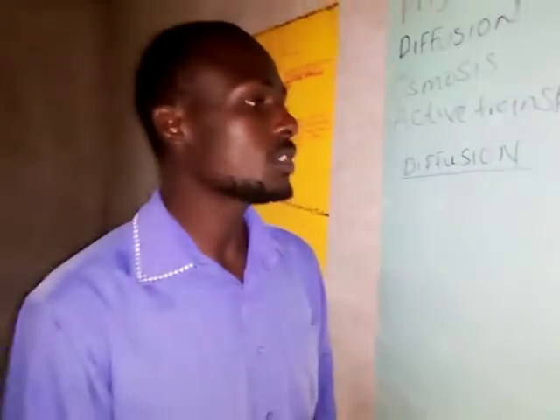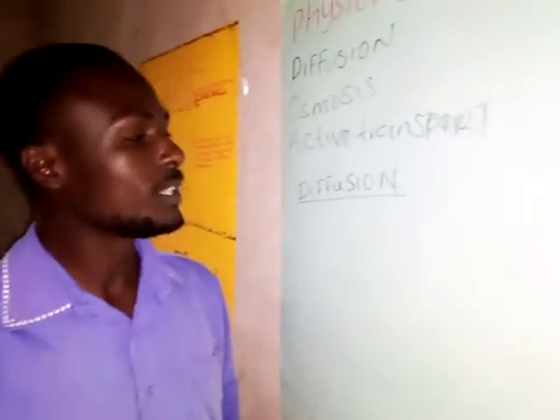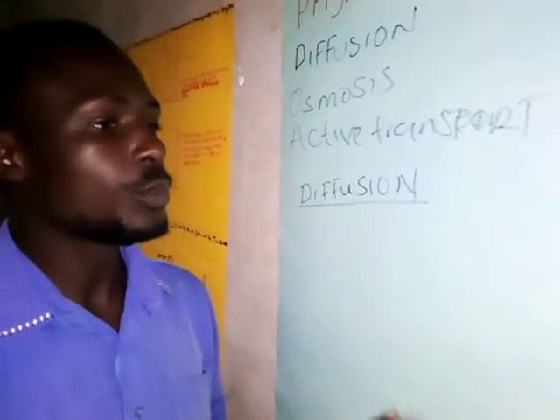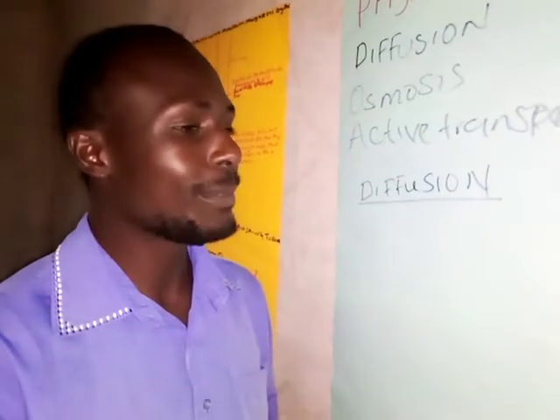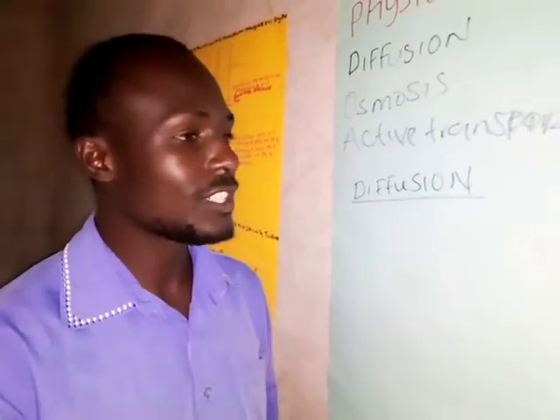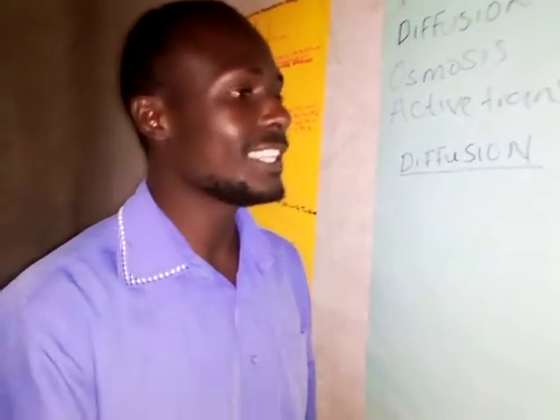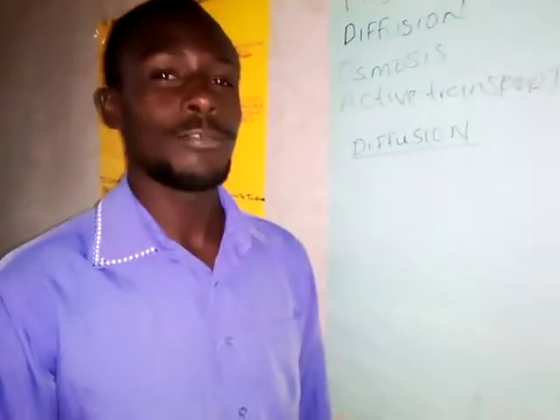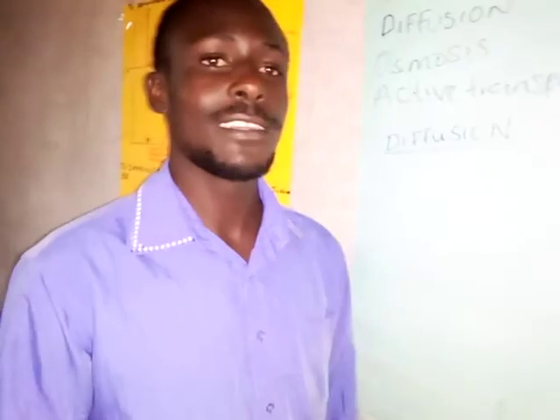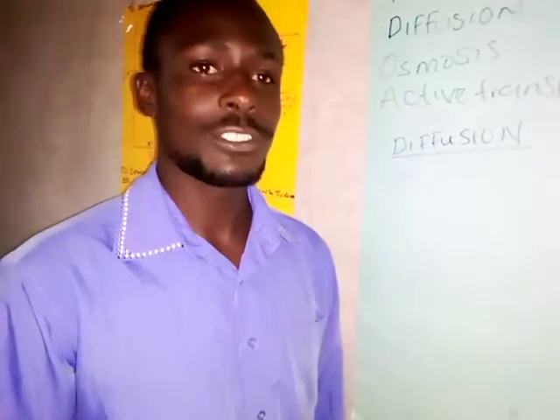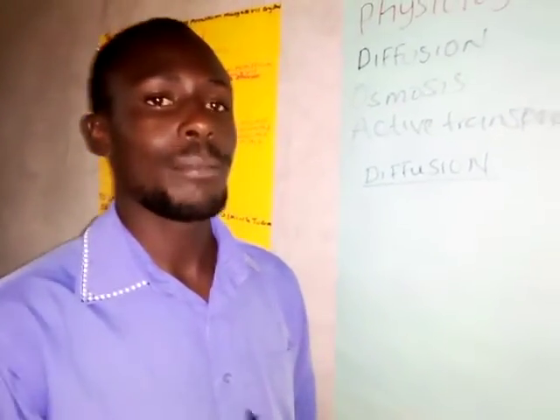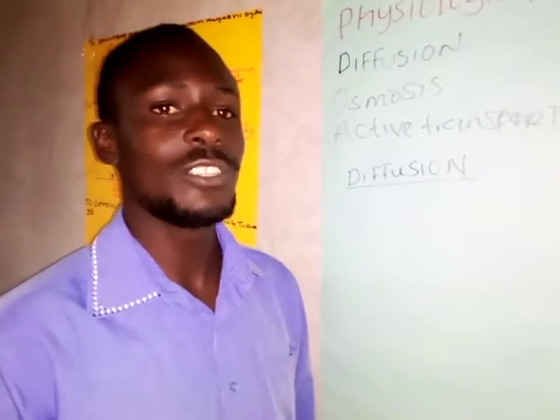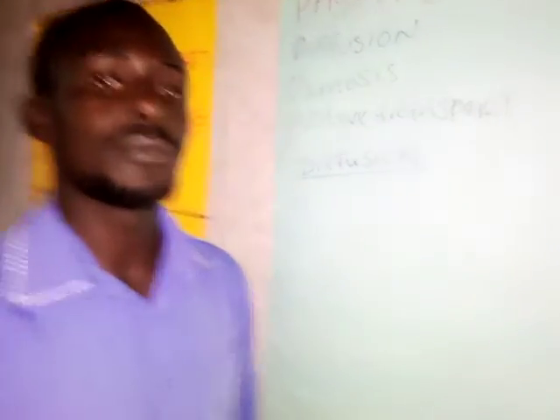This is because the perfume will always be moving from a region of high concentration within the bottle to the other parts of the room where the concentration was low until it is evenly spread. Therefore, we can now define diffusion as a process by which molecules move from a region of high concentration to a region of low concentration.